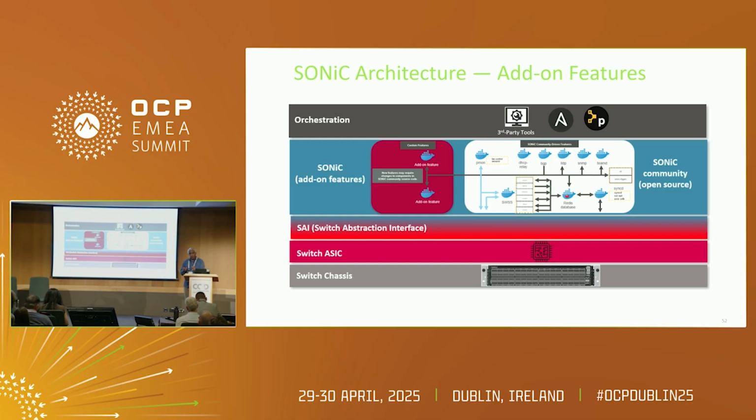And because of that microservices architecture, that abstraction layer, you can actually build additional functionality that's not necessarily available within core SONiC features or functionality. So we're seeing many customers start to look at how to deploy their own unique capabilities within SONiC via add-on third-party containers. So it's a very interesting development that we're seeing within SONiC itself.